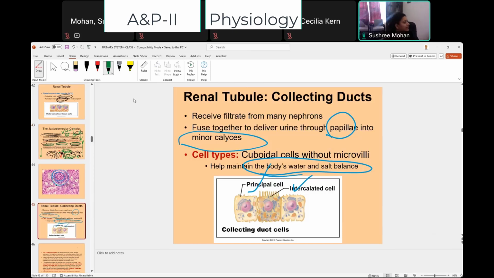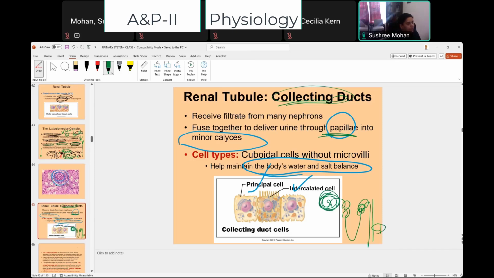Now let's look at the renal tubule collecting duct. They receive the filtrate from many nephrons and they fuse together to form the papilla. I have shown this to you in the previous diagram from minor calyces. So where is the collecting duct? Here's the glomerulus, PCT, loop, DCT, and this one is the collecting duct.